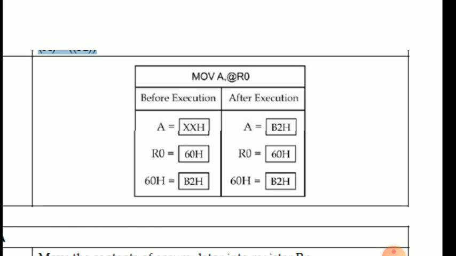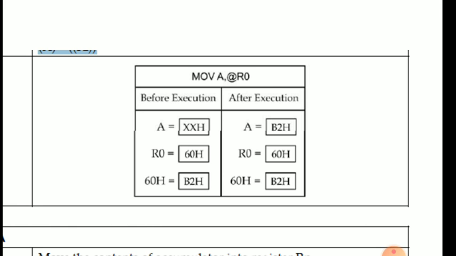Before execution, the accumulator contains some random data, XX, and R0 has 60H, but we don't use this 60H as direct data. We access the data we want from this memory location, that is 60H. If you see the 60H memory location, you will find the required data. That is the indirect way of accessing the data.